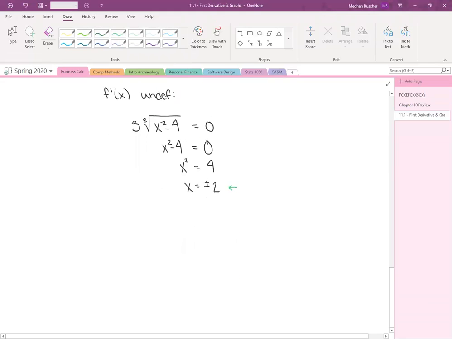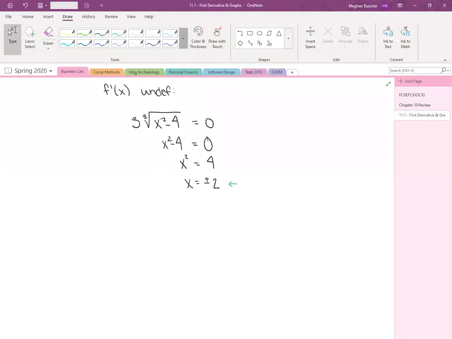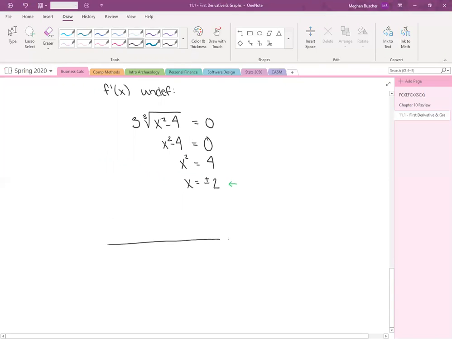Now that we have critical points, we can construct a sign chart. A sign chart is for the derivative, and it helps us see when the derivative is positive and when it's negative. So these are our values of x, and this is going to be f prime of x up here.